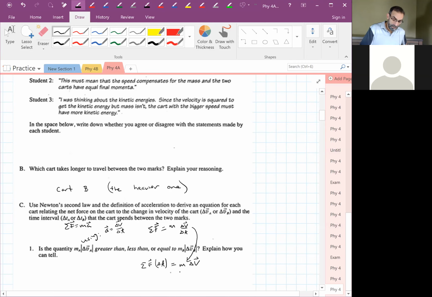We're trying to compare this quantity, the mass times the change in velocity between the initial state and the final state, is equal to the force times the time interval. And what do we know about the force? It's the same. And what do we know about the time interval? It's not the same, right? One of these took a lot longer to get to the other side than the other cart did.